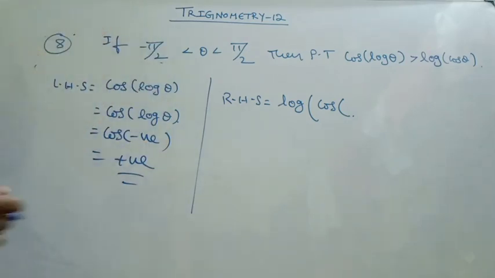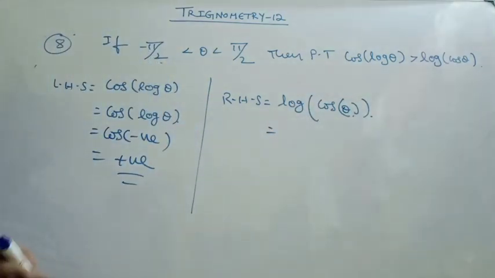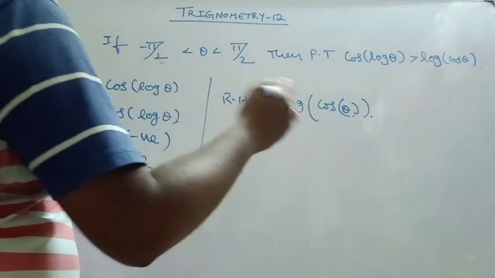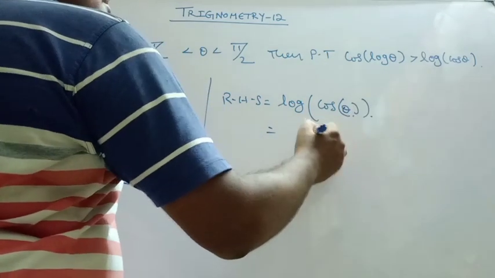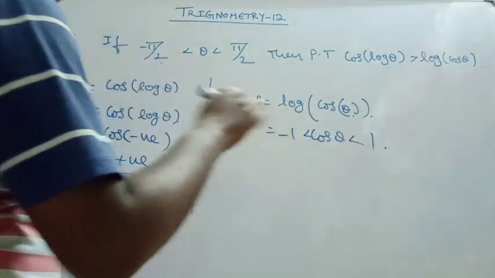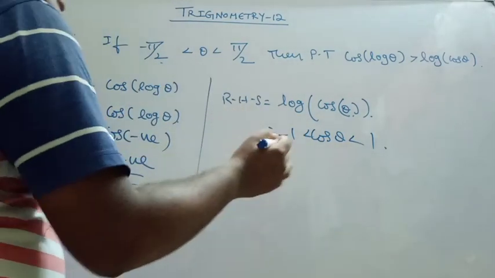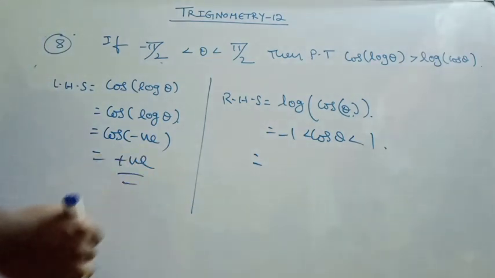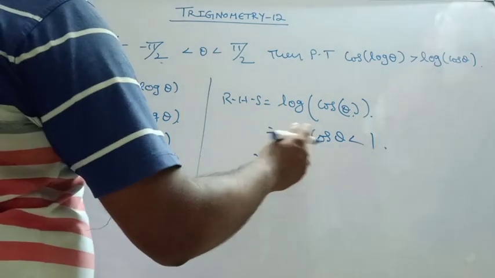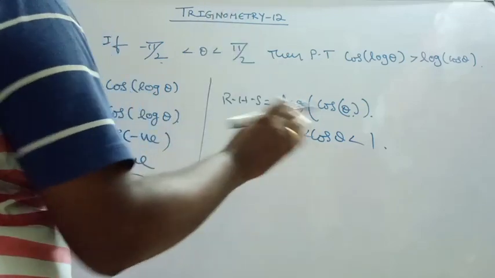In these quadrants, cos theta values lie between minus 1 and 1, and log will never take negative values.